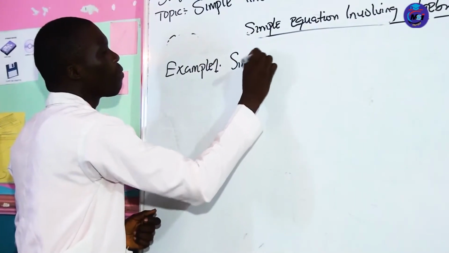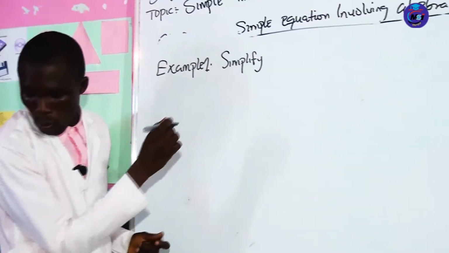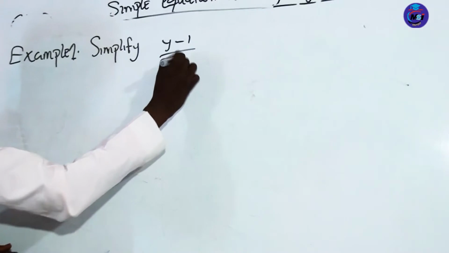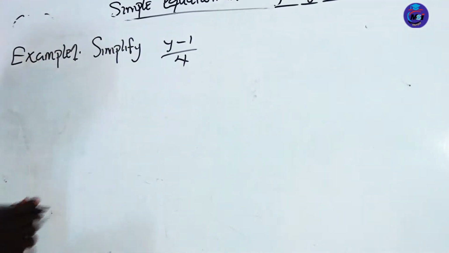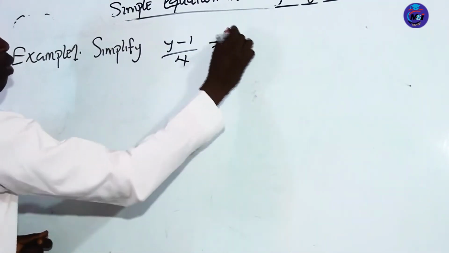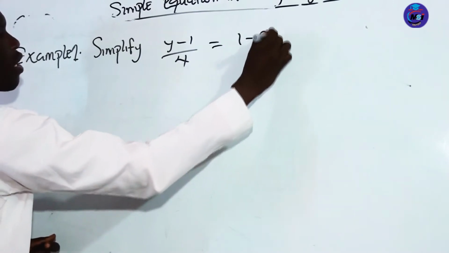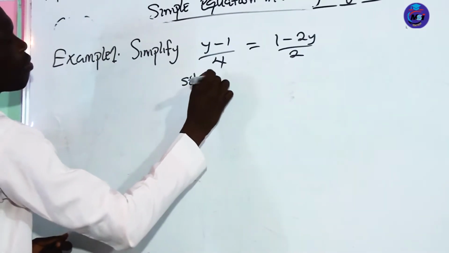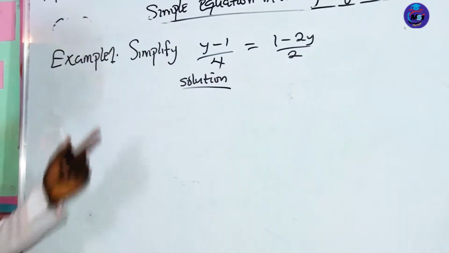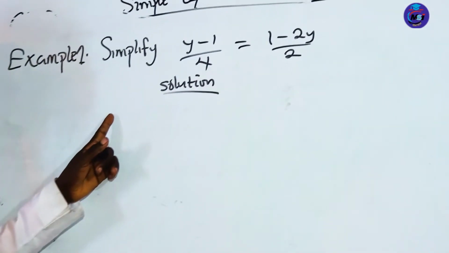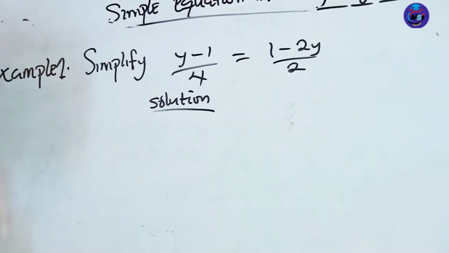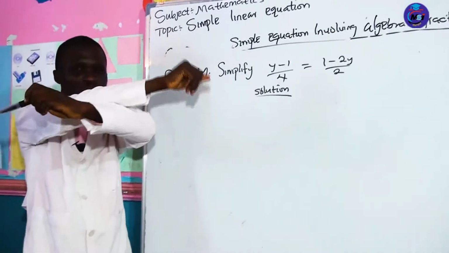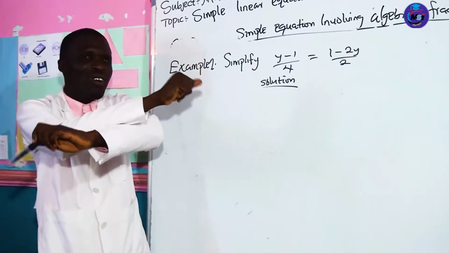Simplify: y minus 1 all over 4 equals to 1 minus 2y all over 2. What are we going to do now? To solve this question, remember that method: cross multiply.